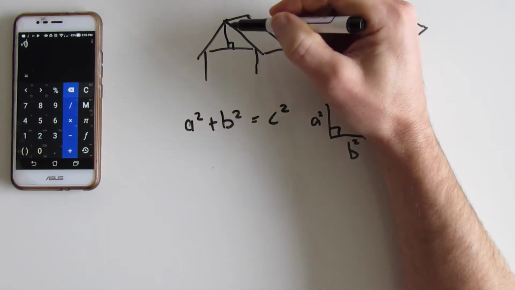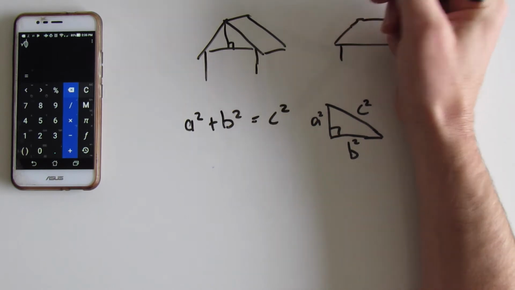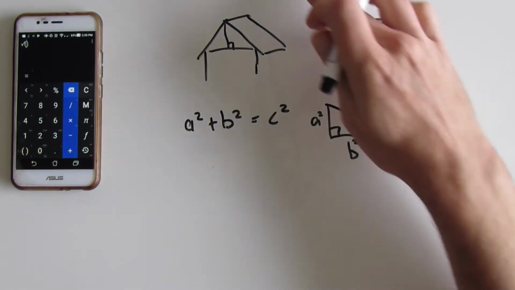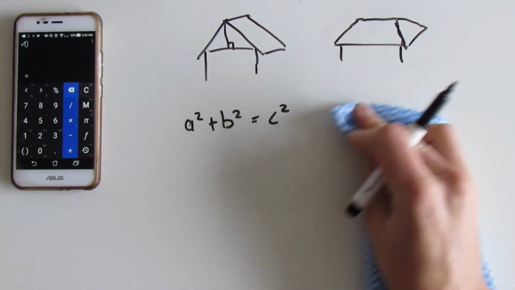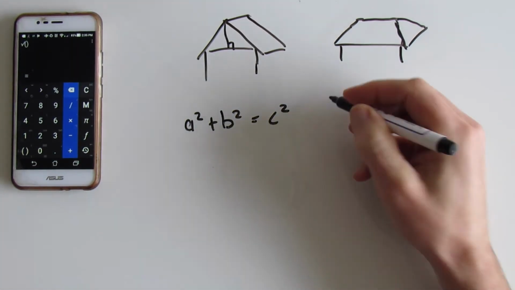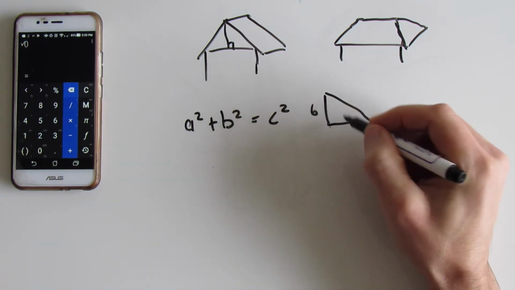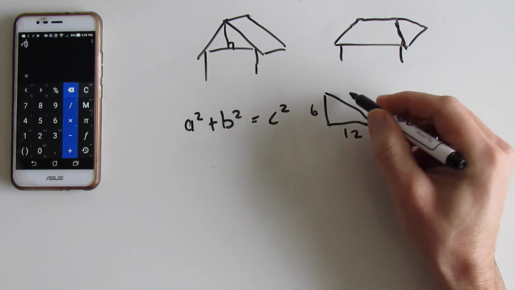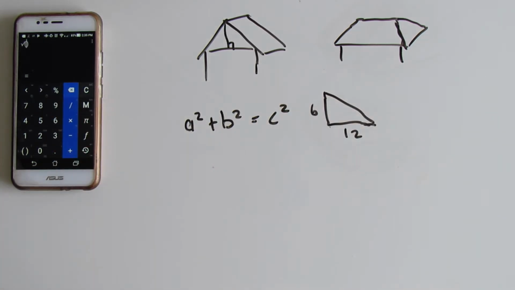So let's say that this roof is a 6/12 roof. So we can talk about having a unit triangle of 6/12, okay? And then we can solve the rest of the triangle by putting it into the calculator here.